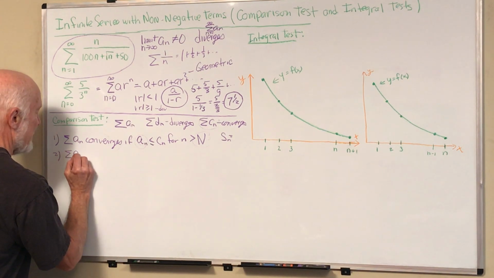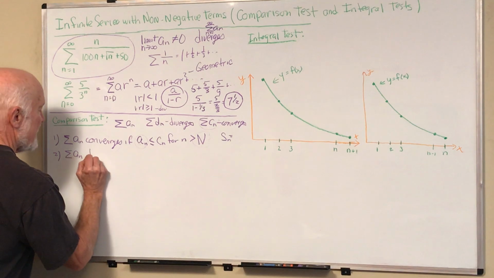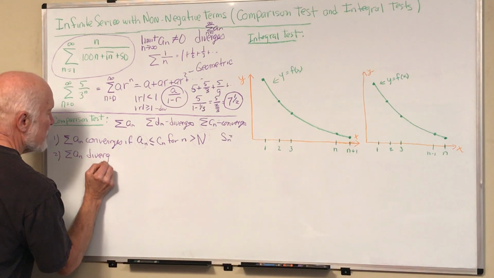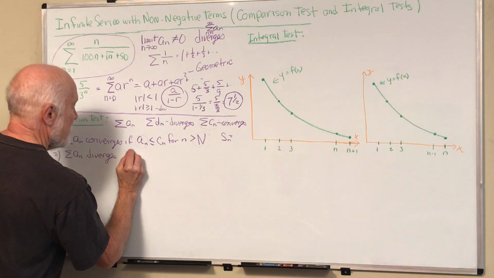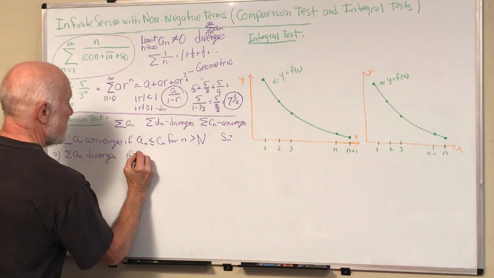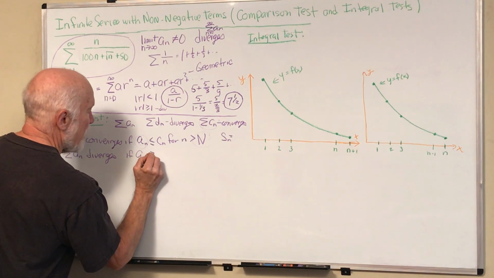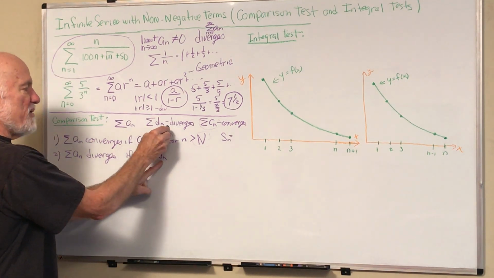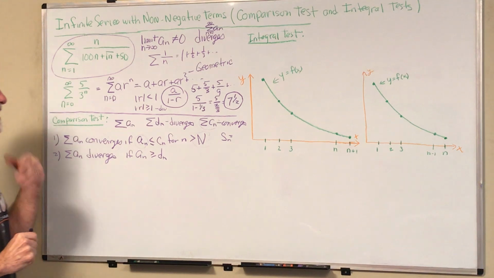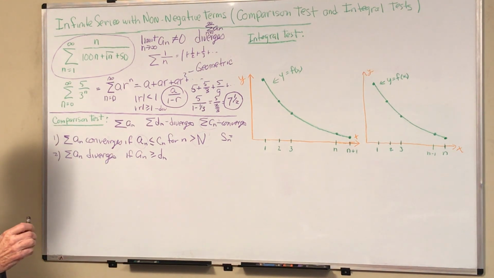if we have another case, we could say our series that we're trying to find out about diverges if all the terms a sub n are greater than or equal to d sub n, where d sub n is a series that diverges.